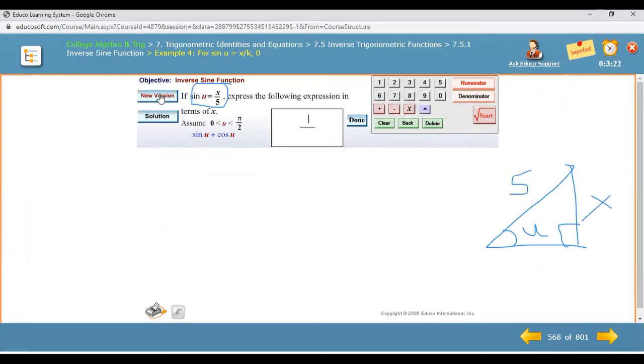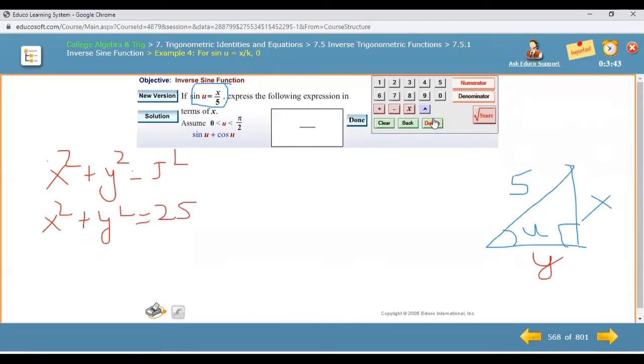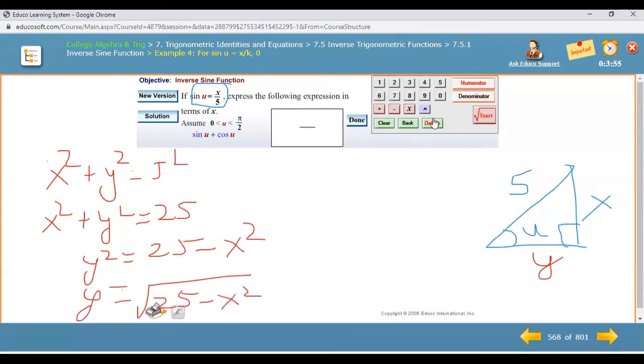Using the Pythagorean theorem, if I consider this bottom side as y, I will say x squared plus y squared equals 5 squared. That means x squared plus y squared equals 25, and y squared equals 25 minus x squared, or y equals radical 25 minus x squared.